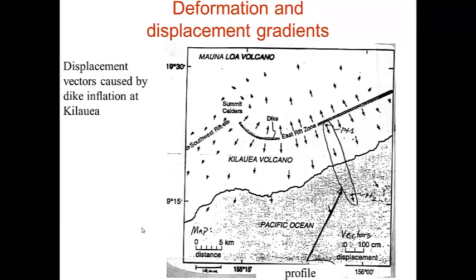So now let's turn to looking a little bit at a displacement field and the change in displacement over some distance. This is an example from Hawaii, where you see in the east rift zone, it's inflating, so there's some magma that's being intruded, and as it intrudes along the east rift zone, it's pushing the walls of the rift zone apart.